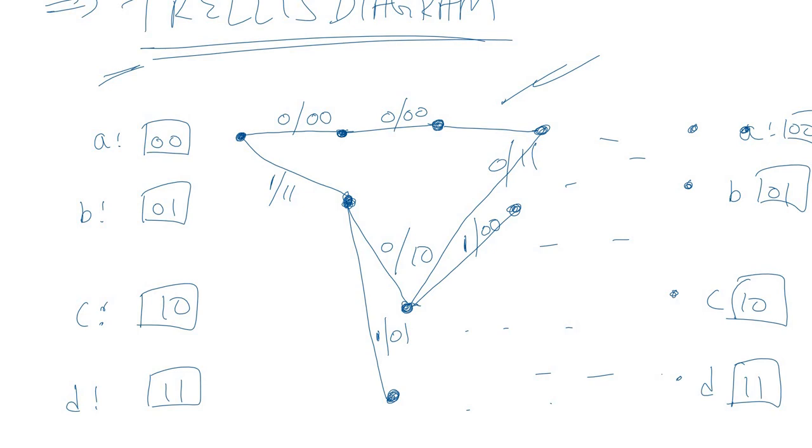We should also look at the convolutional encoder which has feedback, and the feedback type is recursive.